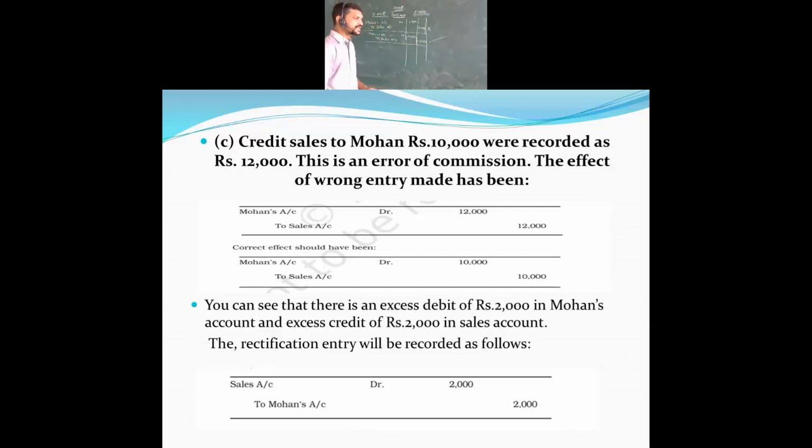Here you can see that there is an excess debit of rupees 2,000 to Mohan's account. 2,000 rupees is the excess amount. So what do you have to do here? There is an excess credit of rupees 2,000 in the sales account. For this excess amount you have to take the entry in the debit column of the sales account. So what will the entry be over here? Sales account debit for the correction of this. The excess amount you have recorded has to be taken back. So that will be credited, 2,000 to Mohan's account.